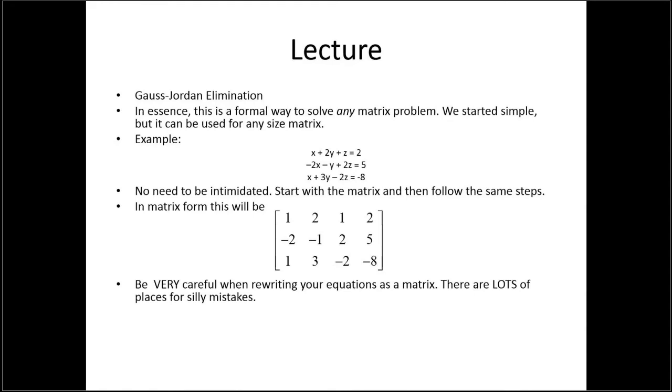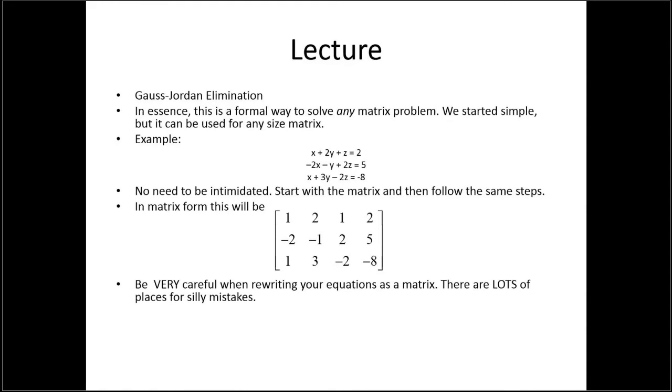Again, go from the equations to the matrix, and this is a really, really common place to make mistakes. Do not make a mistake here, because one of the most frustrating things you can do is miss a minus sign, or add in an extra minus sign. As you can see, I make plenty of mistakes myself.